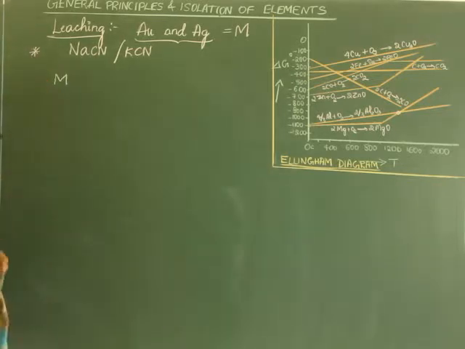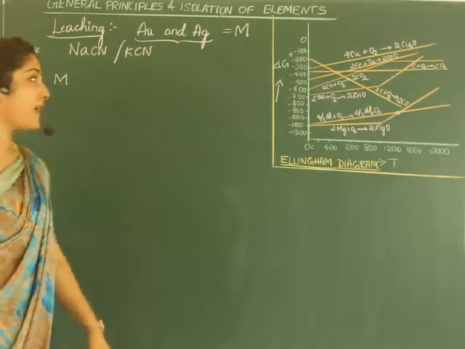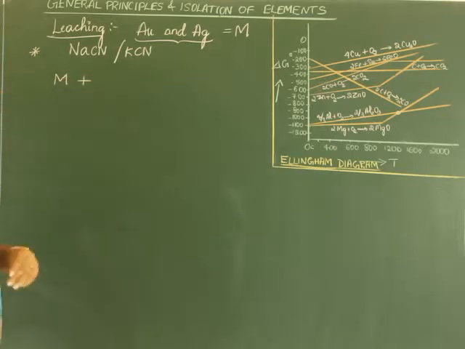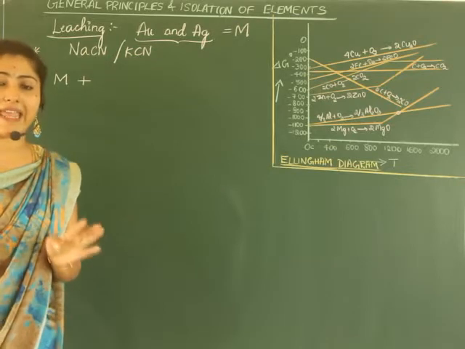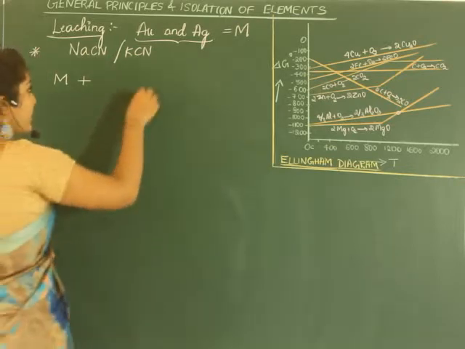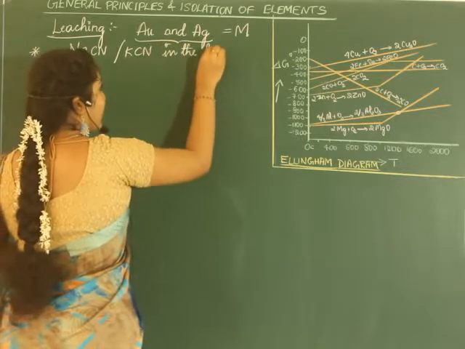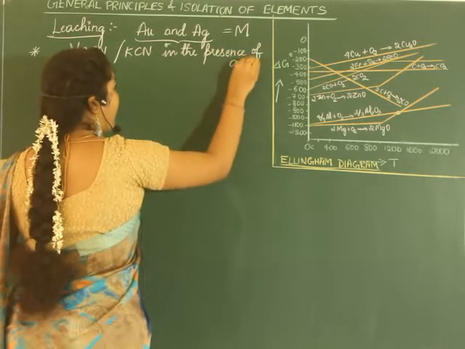So initially the ore of gold or silver will be taken and it is treated with sodium cyanide or potassium cyanide in the presence of air. Remember, in the presence of air, particularly oxygen.